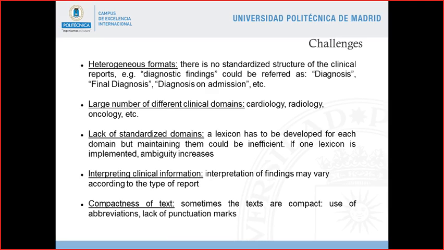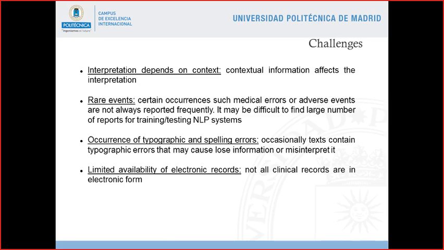Compactness of the text. Sometimes the texts are compact, use abbreviations, or lack punctuation marks. You have to keep in mind that clinicians are under a lot of pressure and they don't pay attention to how they write, whether they write the text well or badly. Interpretation depends on the context. There are also rare events, for example, medical errors or adverse events, that are not always reported.